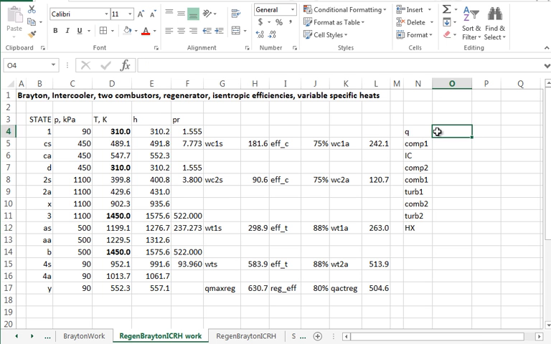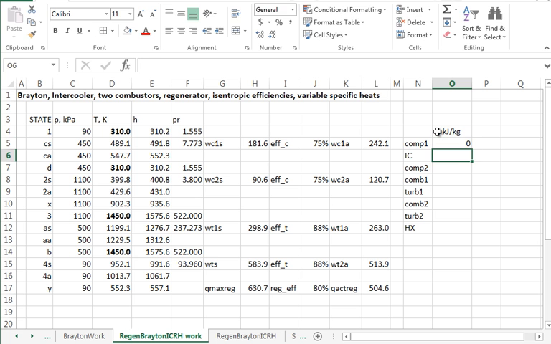And I'm going to talk about the Q's in kilojoules per kilogram for each of those devices. Does that make sense? So what is the Q for the first device, which is a compressor?